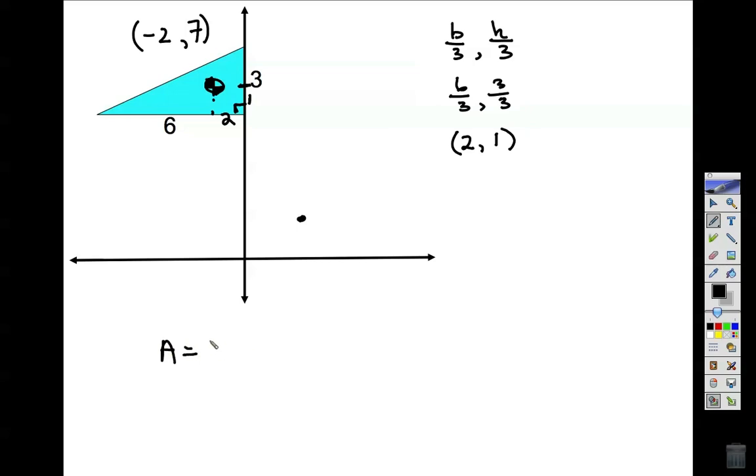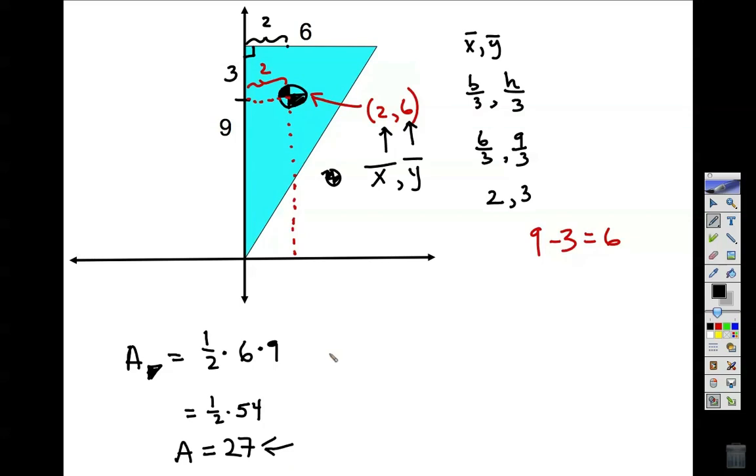Area of that triangle, again, is 1/2 times the base, which is 6, times the height, which is 3. 6 times 3 is 18. Area is equal to 9 units squared. Or in this case, 9 inches squared. Let me go back and fix the other one.